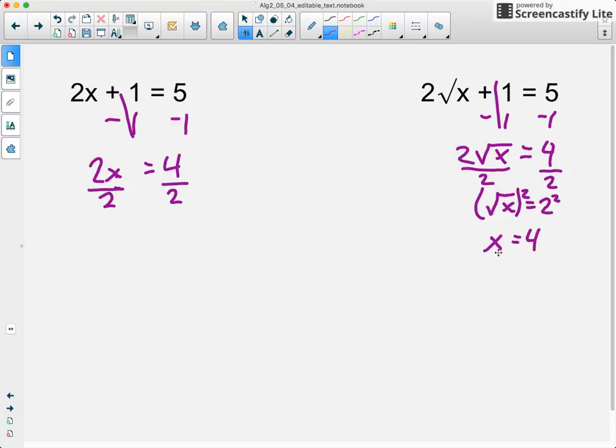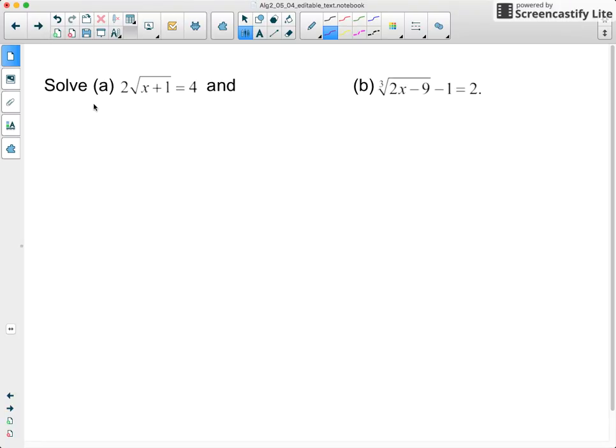Let's look at some additional examples. So in this problem, A, we're solving 2 times the square root of x plus 1 equals 4. We'd solve this problem just like you would solve 2x equals 4. And we would divide both sides by 2.